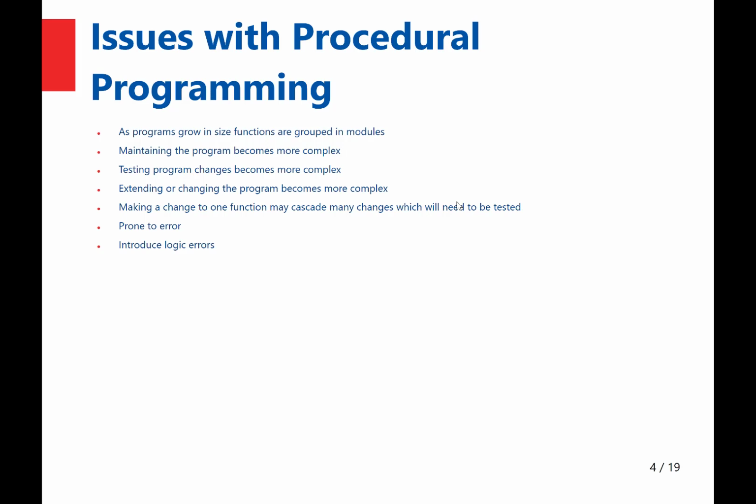Thus, if a change needs to happen, the program is difficult to test and extend or change. Making one change to a function may cause problems or cascade issues into other parts of the program. So regression testing, meaning testing that the program still works properly after a change is made, takes up a lot of time.